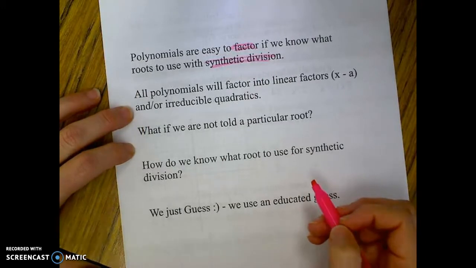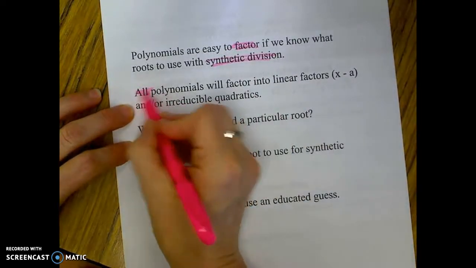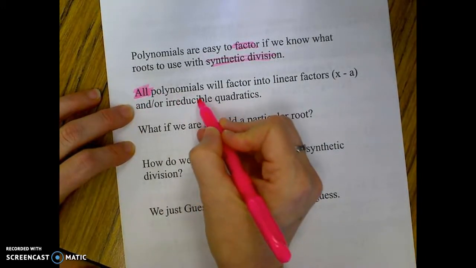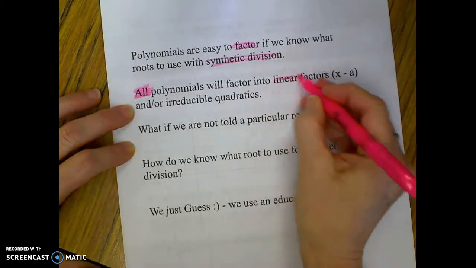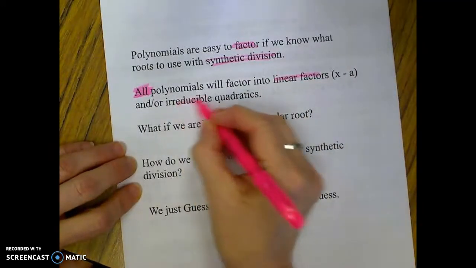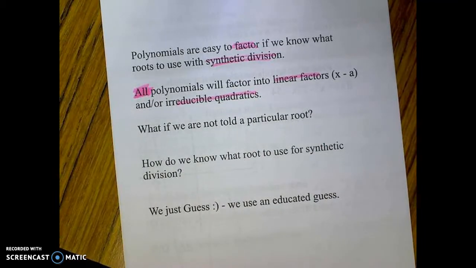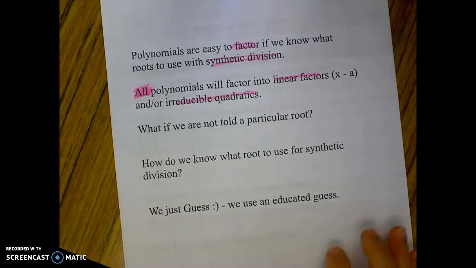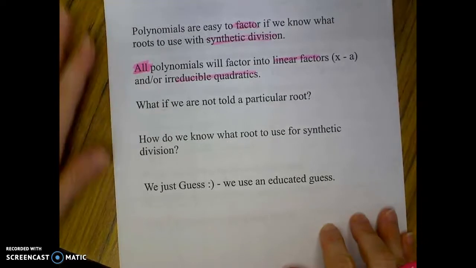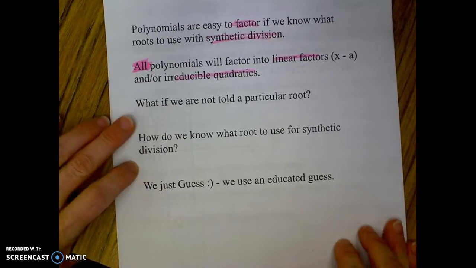All polynomials will factor to be either linear factors or irreducible quadratics. Remember, irreducible quadratics mainly come from cubes, which gives you imaginary roots, but you could get irrational roots as well. It's some quadratic that you can't factor.